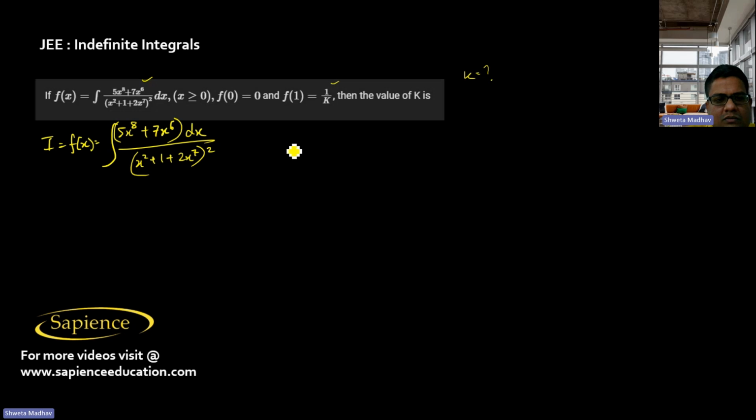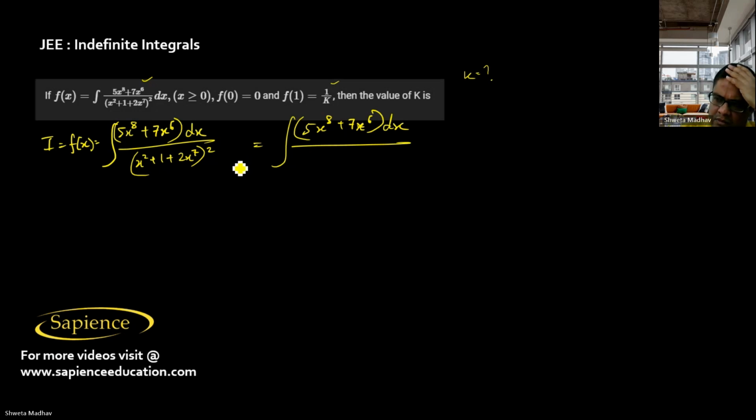Okay. So now we can take x power 7 as common outside. Then we get (5x power 8 plus 7x power 6) dx divided by this, which will be x power 14 into (x power minus 5 plus x power minus 7 plus 2) whole square.